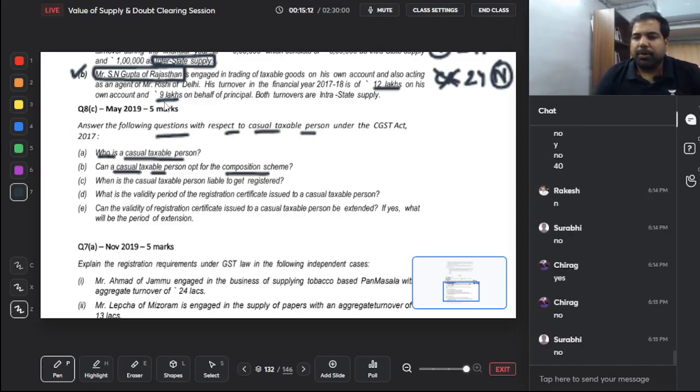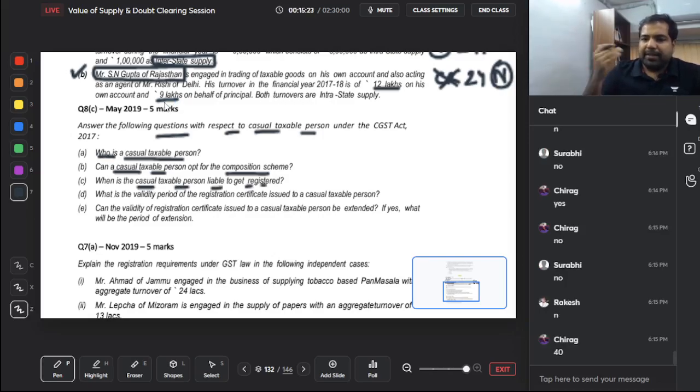Excellent, Chirag. Good, Surbhi. No, because he is a casual taxable person, so he cannot. When is the CTP liable to get registered? 5 days in advance, guys. 5 days in advance. Do you remember this? Under which section? Under section 27.